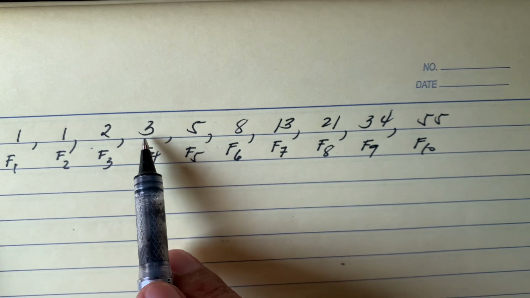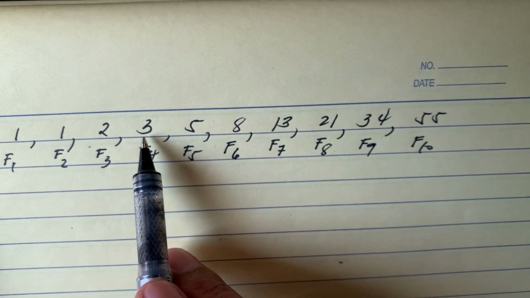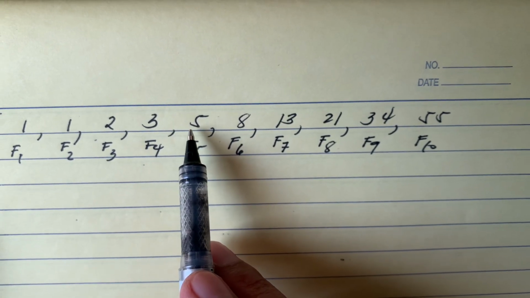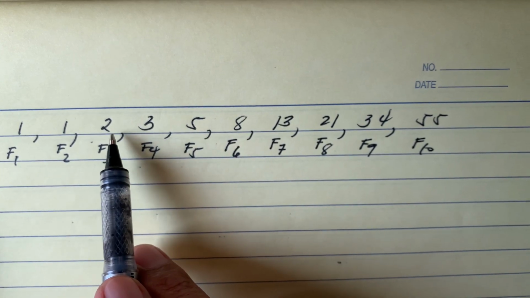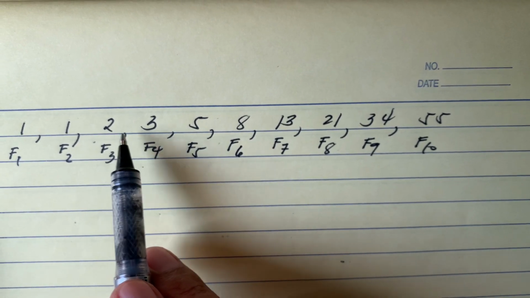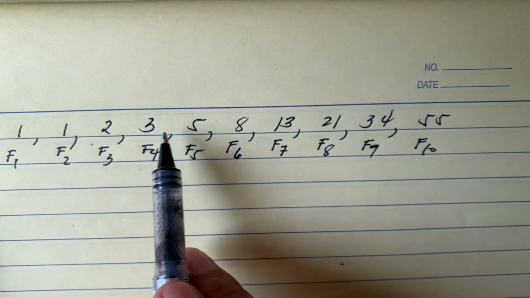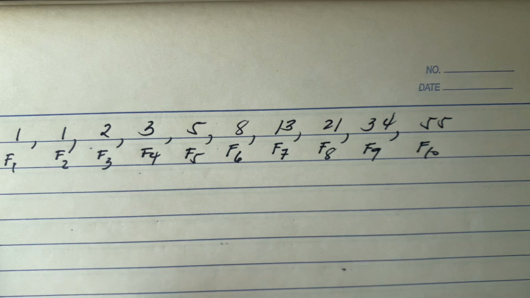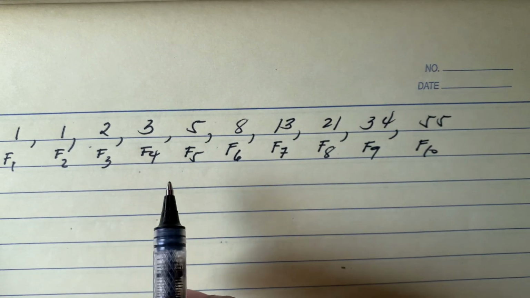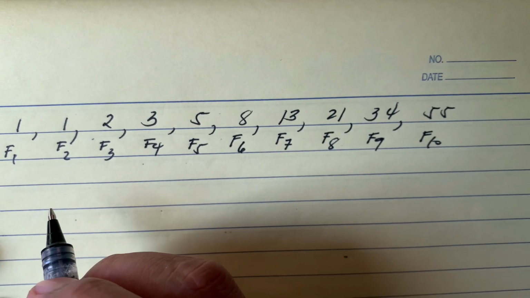So we'll be getting our fourth Fibonacci number. And our fifth Fibonacci number is simply adding our third element and fourth element of our Fibonacci numbers, and so on and so forth.